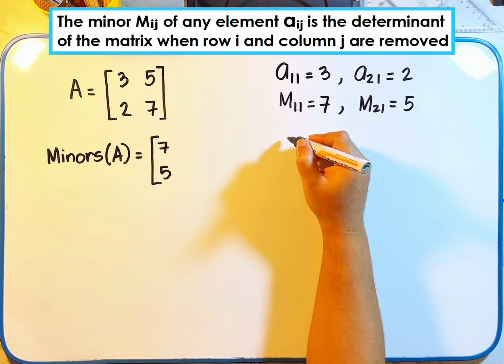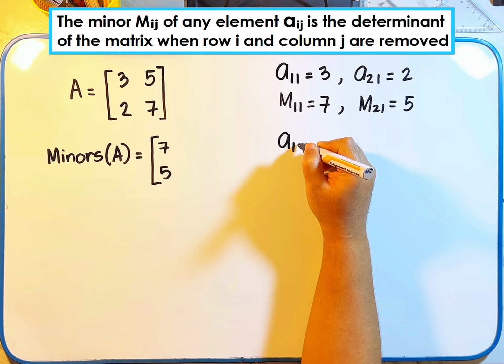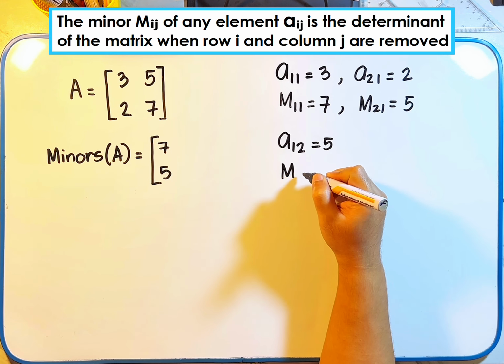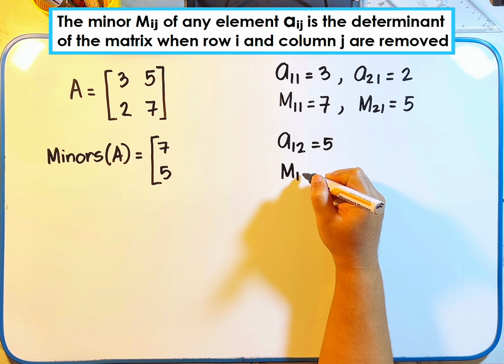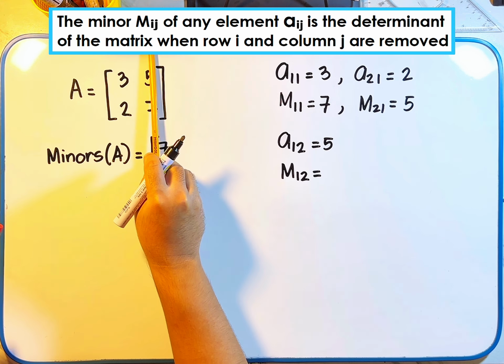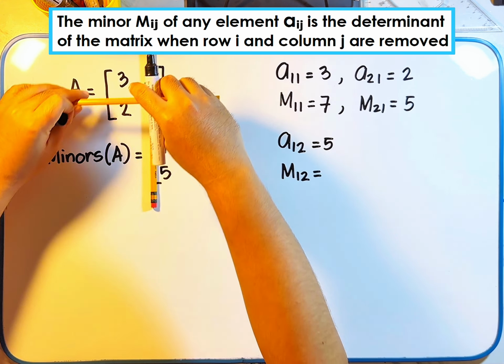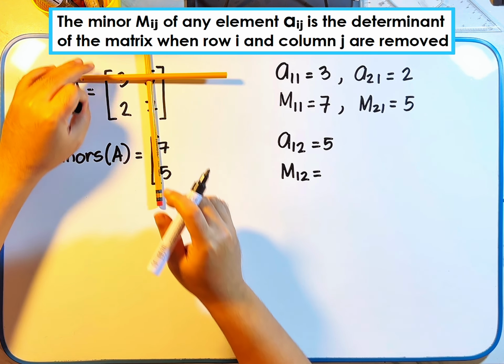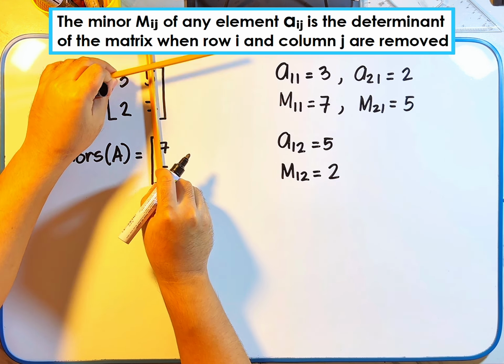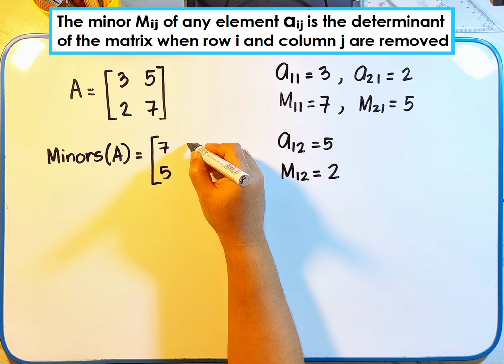This term right here, that's the element in the first row, second column, equals 5. And the corresponding minor, the minor in the first row, second column, is equal to, let's block this column. Let's block this row. We're left with 2. So we will replace 5 with 2.